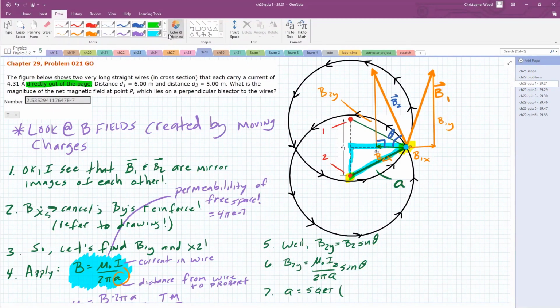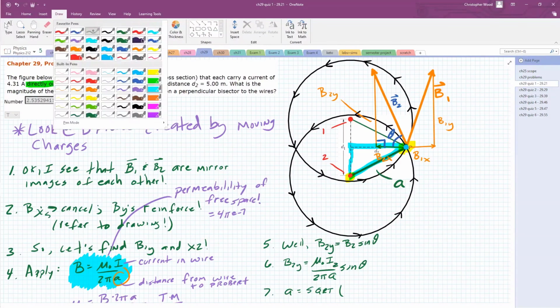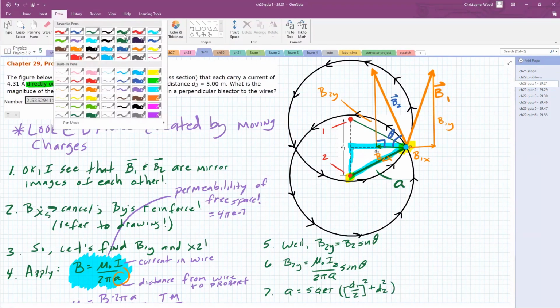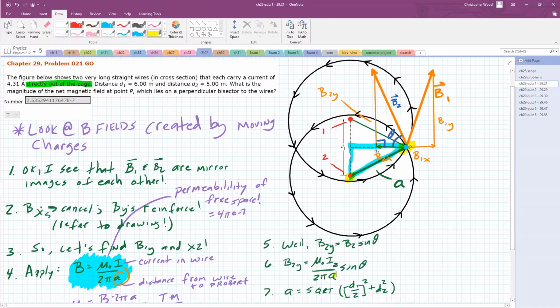So Pythagorean theorem says to take d1 over 2 squared plus d2 squared. Both of those numbers are provided to you. I think we have all of the dimensions we need. So we now have A in this number 6. I2 is given, 4.31. And now let's talk about theta.